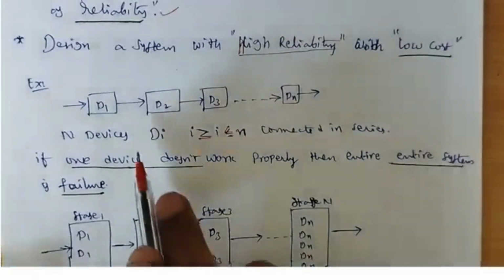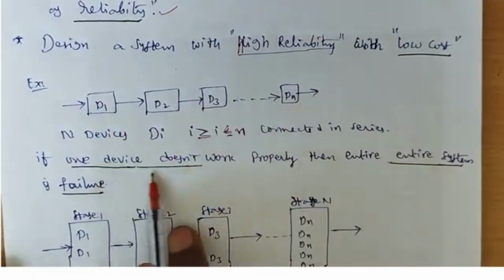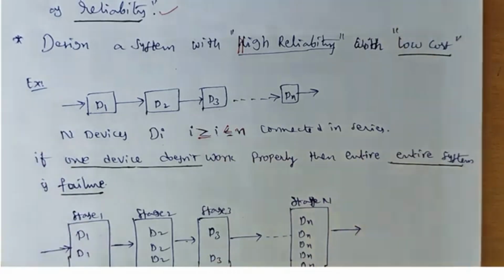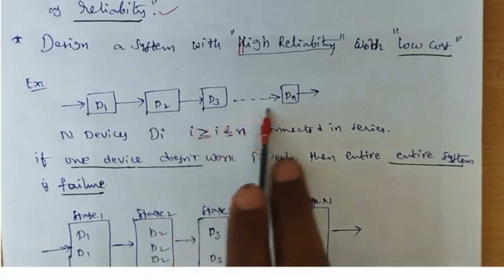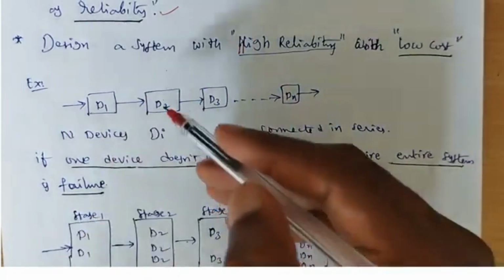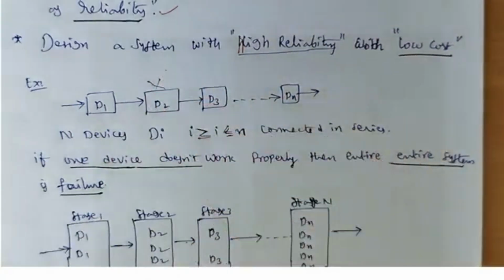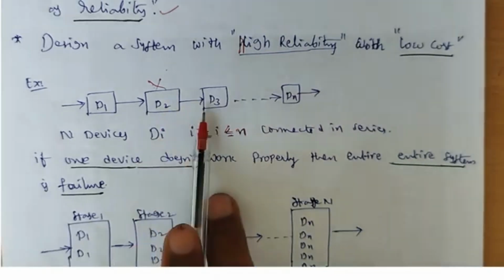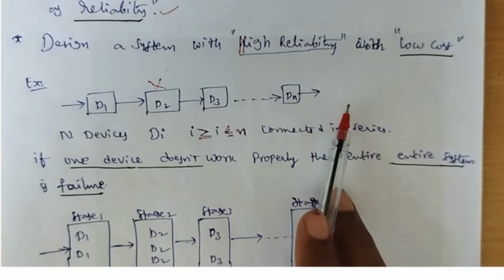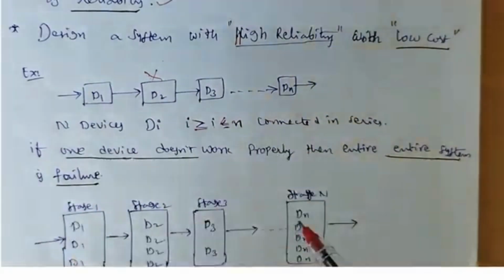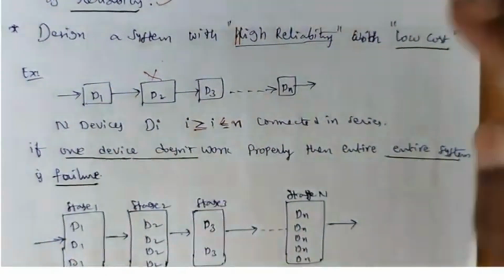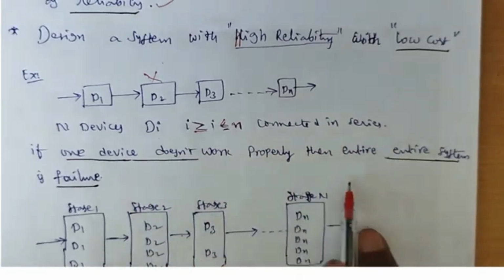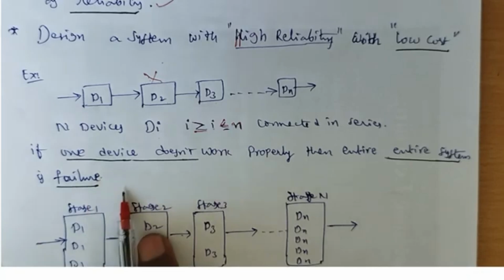In this series connection, if one device does not work properly, then the entire system will fail. Assume here D2 is not working properly. Then D3, up to n devices will not work properly. The entire system will fail. If one device does not work properly, then the entire system will fail.